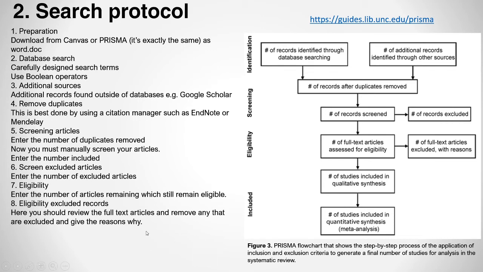And so, if I'm short of research funding at any point, then it's my job to go around the faculty and try and persuade the head of the faculty to pay for my paper to be open access. And I've always been successful. And then finally, you include the number of studies in your search.